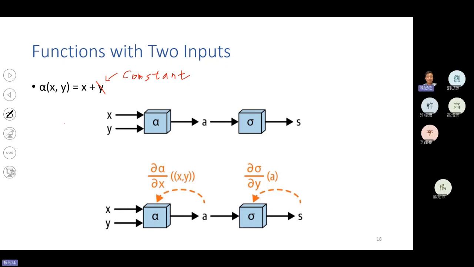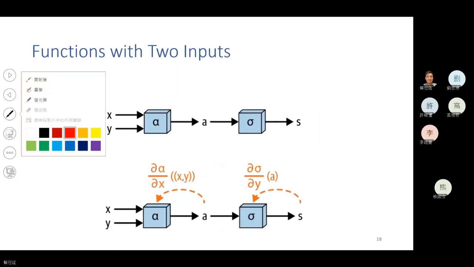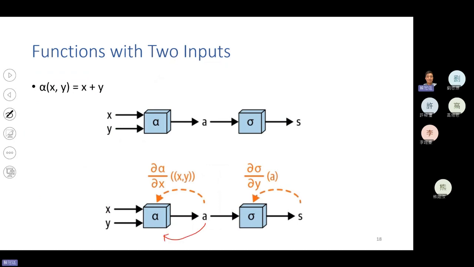Once you keep a constant value and y doesn't change, then you consider the change of x first. So we will have two derivatives. One is d alpha dx, and another one is alpha versus y. If we have two inputs, then we will have two derivatives.